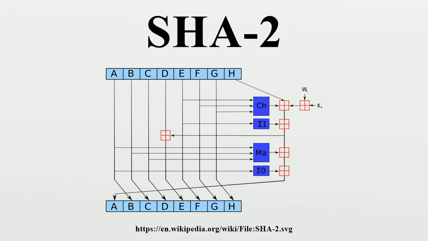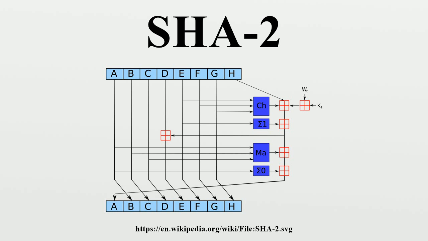SHA-256 and SHA-512 are novel hash functions computed with 32-bit and 64-bit words, respectively. They use different shift amounts and additive constants, but their structures are otherwise virtually identical, differing only in the number of rounds.